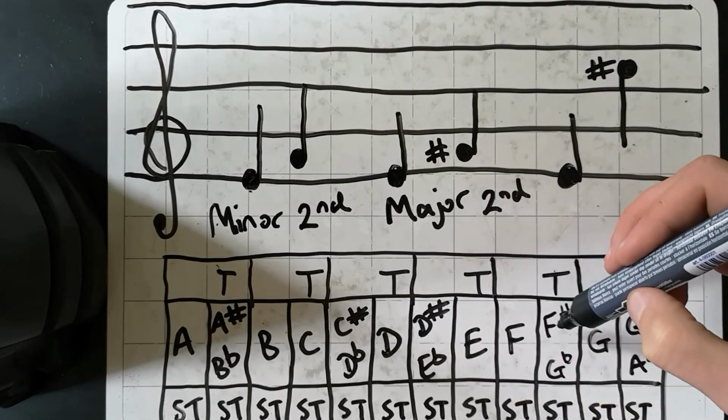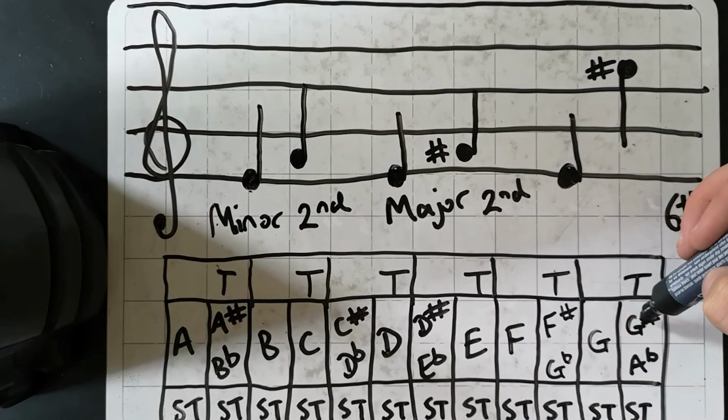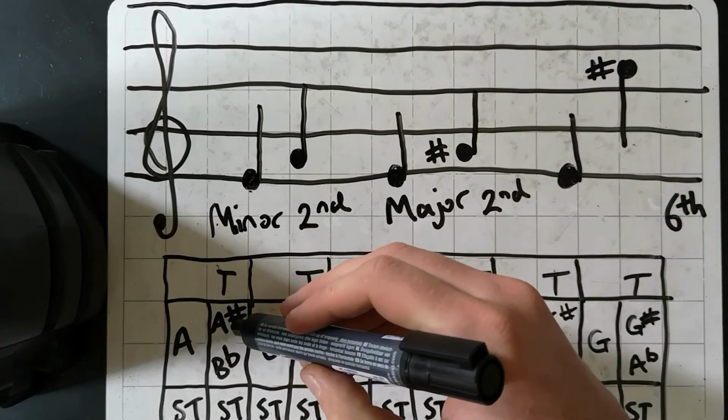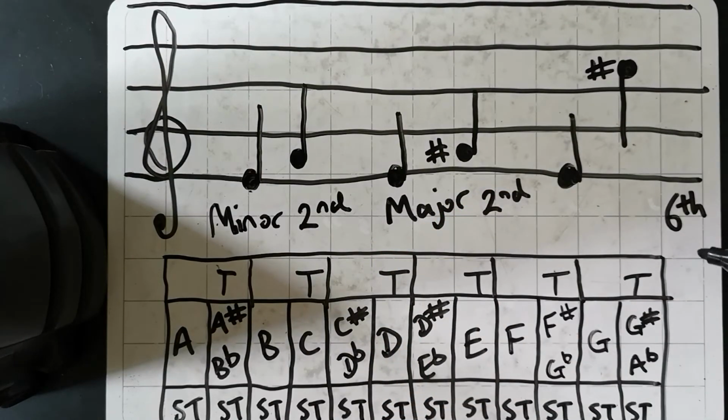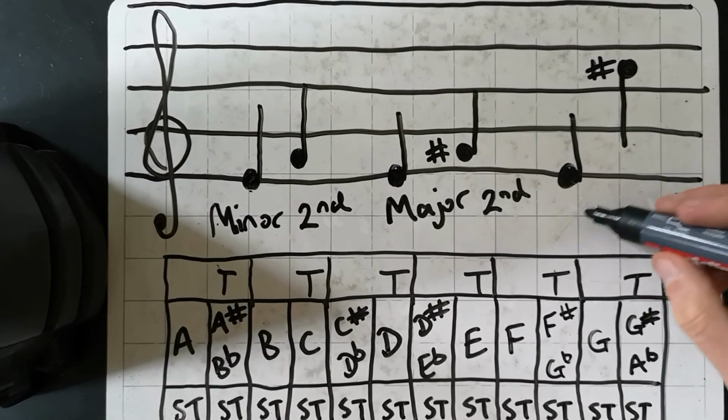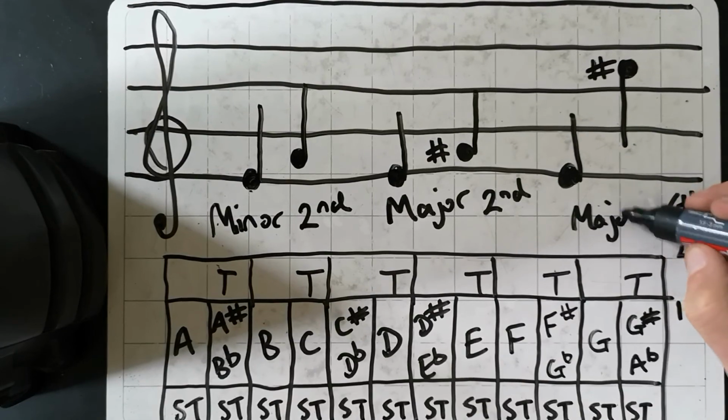So I've got a tone, a second tone, a third tone, a fourth tone, and then a semitone. So I've got 4 tones and a semitone, and 4 tones and a semitone, when it's a sixth, is equal to a major sixth.